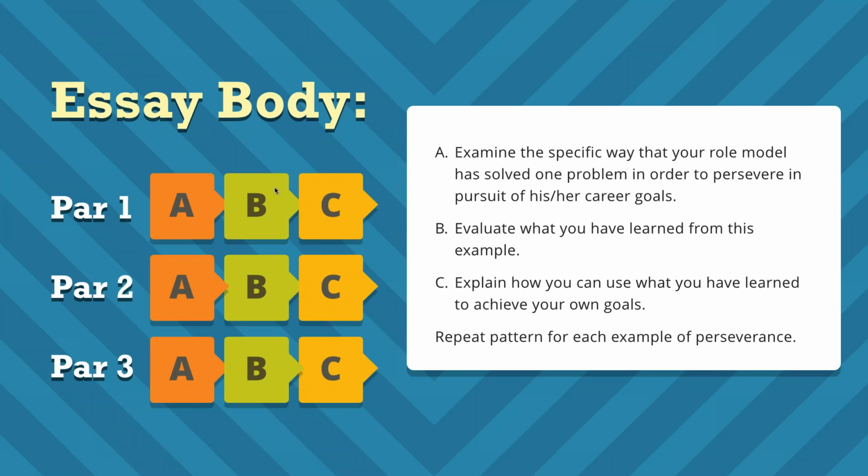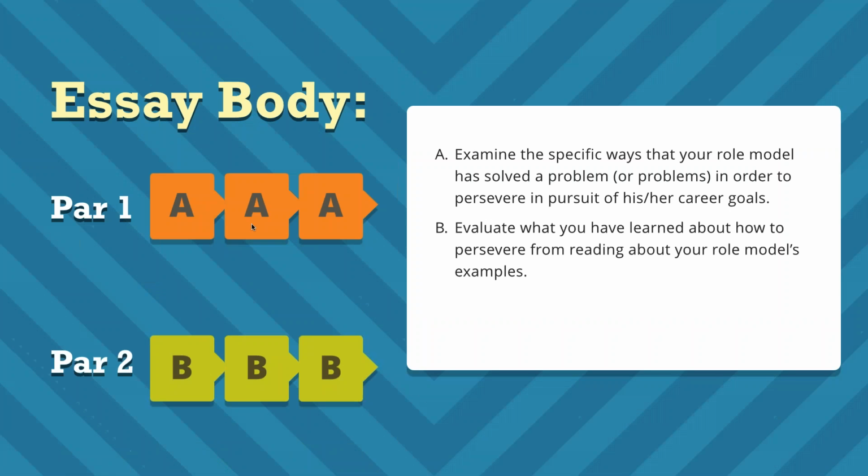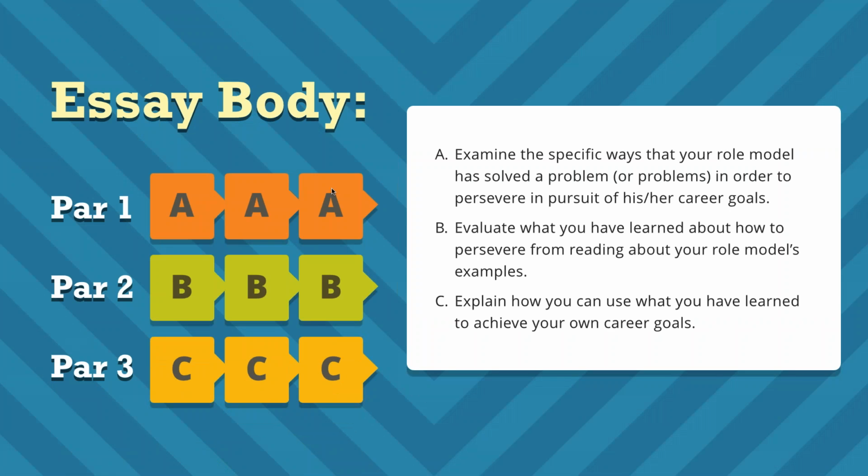However, suppose you discovered three different problems that your role model solved and three different solutions, but you learned one major lesson from all three of those things. You might want to talk about all three problems and all three solutions first, and then talk about the one major takeaway that you learned from those three problems and three solutions.